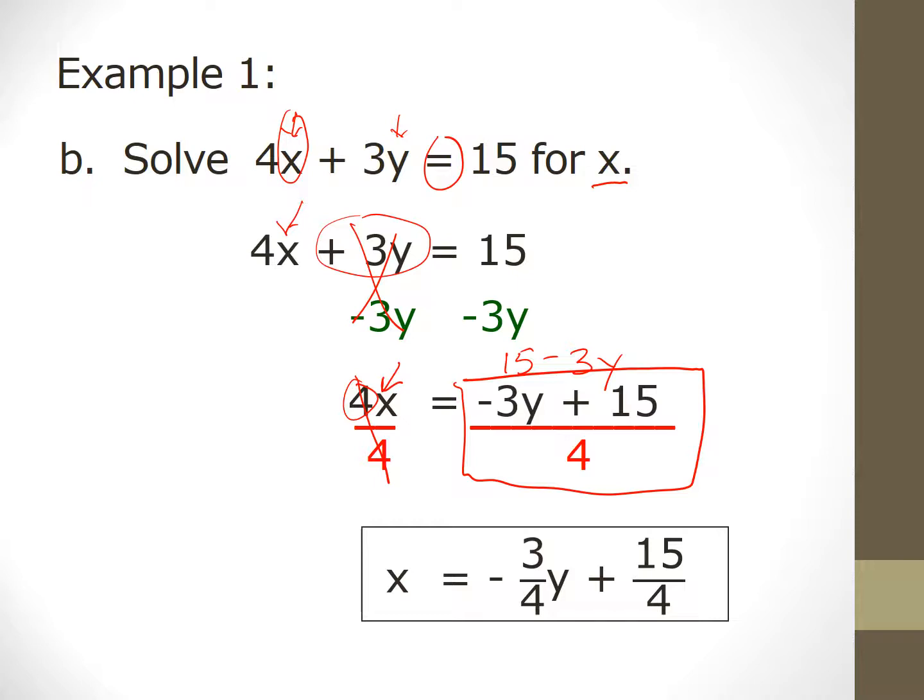As we move towards chapter 3 and working with lines, it might be advantageous to see this denominator 4 and split these terms up by dividing each of them separately by 4. Therefore, you get negative 3/4 y plus 15/4. And again, if some of you looked at 15/4 and wanted to write that as 3 3/4 as a mixed number, that's fine too. So really, any of those three outcomes is acceptable.